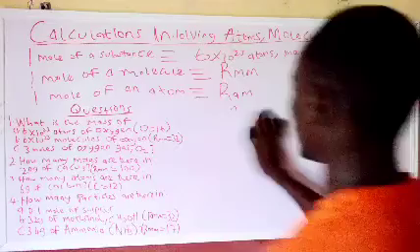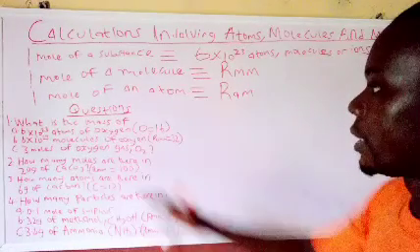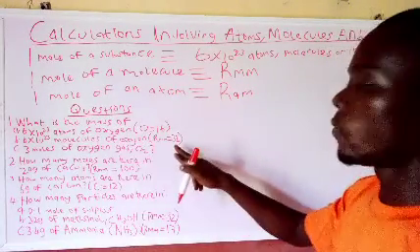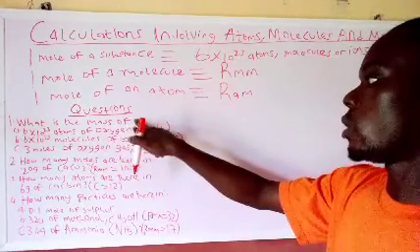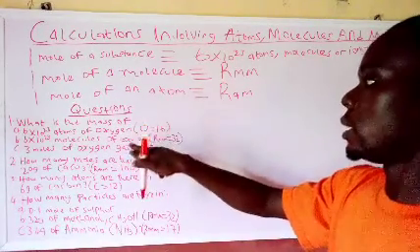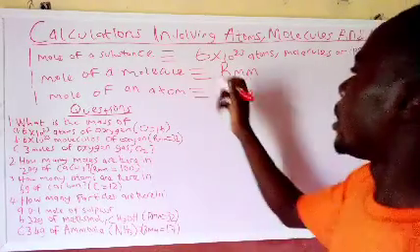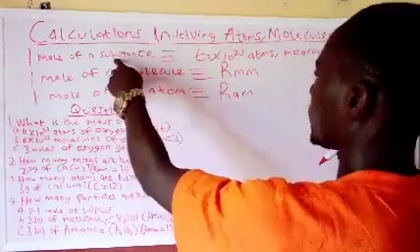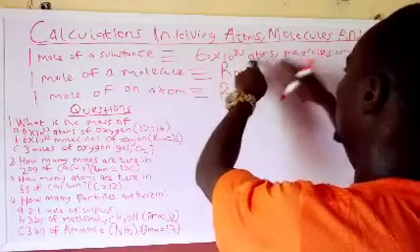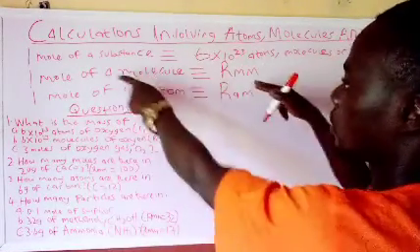So let's go to the other one. It says, what is the mass of 6 times 10 raised to the power 23 molecules of oxygen? So now go back here. 1 mole of oxygen molecule is equivalent to 6 times 10 raised to the power 23 molecules. So just relate it to the relative molecular mass.